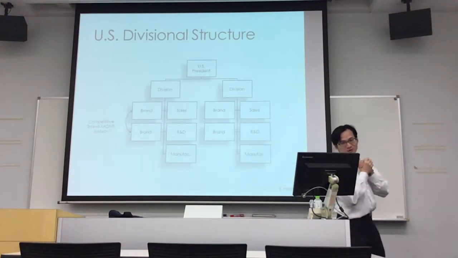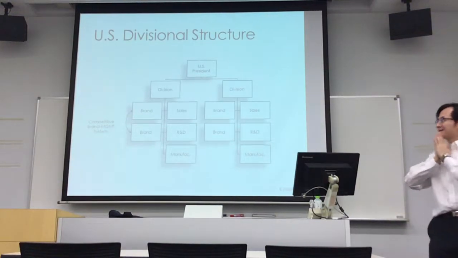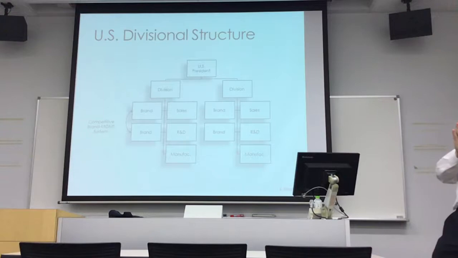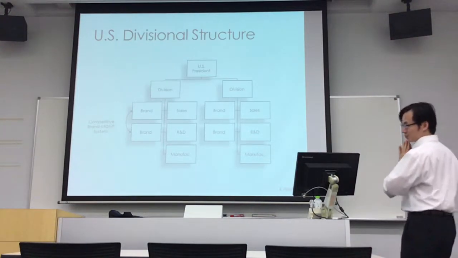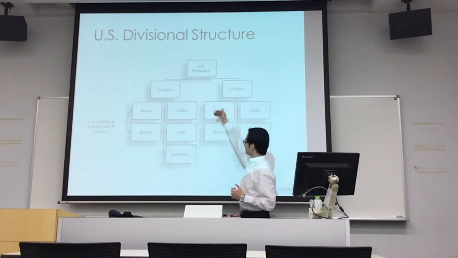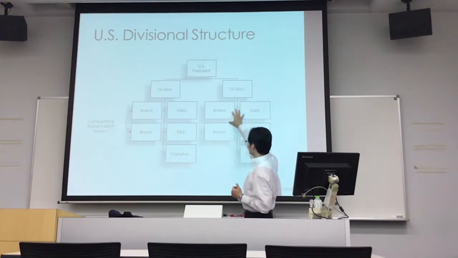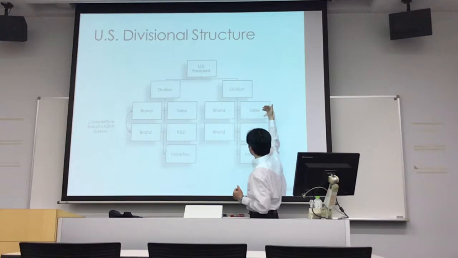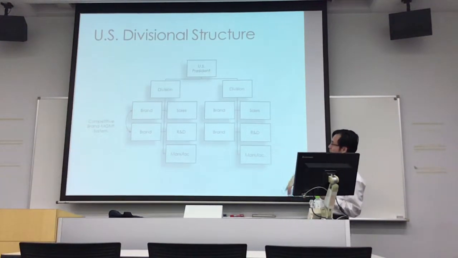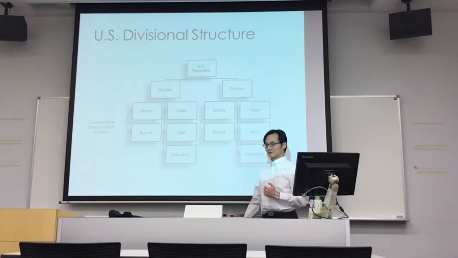Now this was what the organizational structure in the US was like in the very early period, this so-called divisional structure. As you can see, there are different divisions under which you have complete business functions. Each division has its own sales, R&D, manufacturing, and different brands.